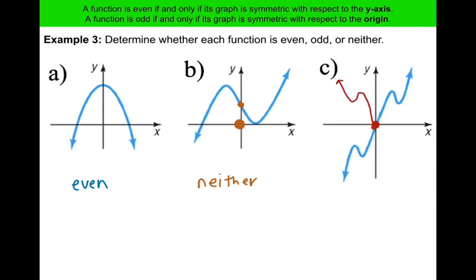And then if you fold that along the y-axis, and if that matches, then it has symmetry with respect to the origin, and this is an odd function, right? So a little bit harder to see. I think the easiest way to visualize an odd function with symmetry with respect to the origin is just fold it along the x and the y-axis and see if it all lines up.